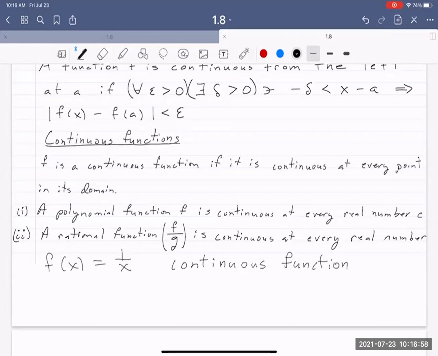Why? Because it's understood to have the natural domain, and your natural domain will not include 0. So it never includes the bad points. Is that clear?